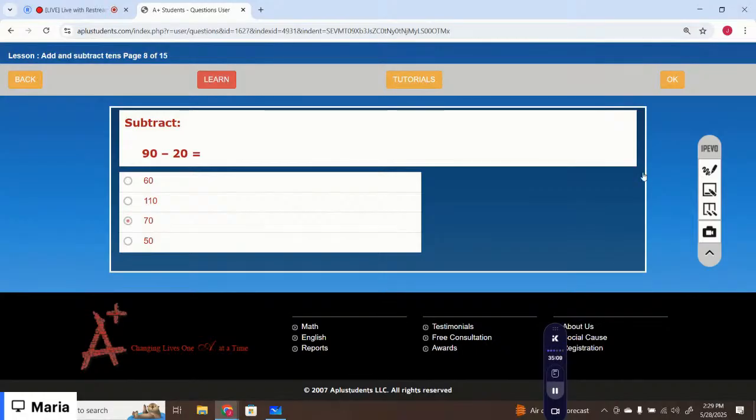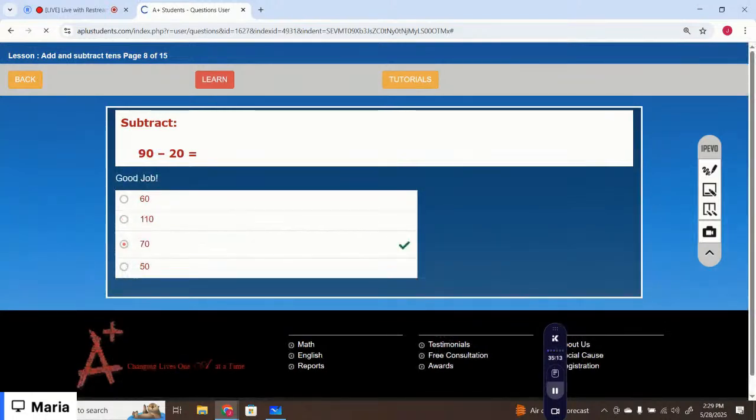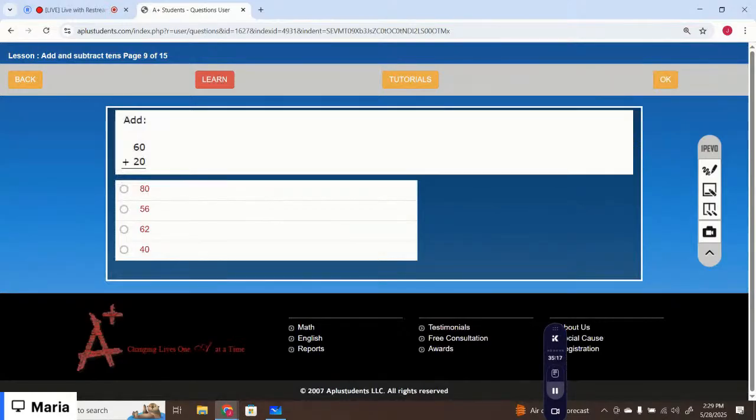Option number 3 is the correct option. That is 70. 60 plus 20 is 80. Option number 1 is the correct option.